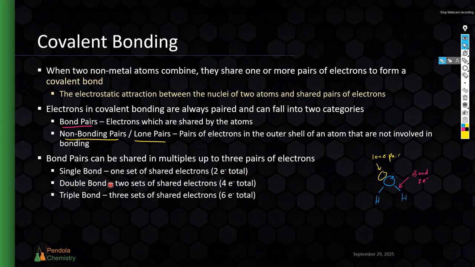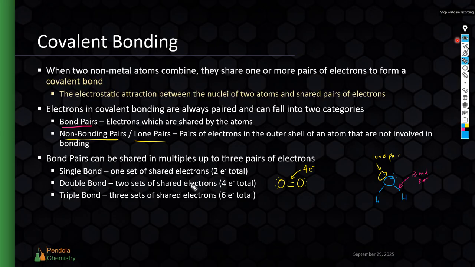We can have a double bond that we learned about last year, where two sets, and that's where the double comes from, two sets of shared electrons are present, meaning 4 electrons in total. And that will happen in something like oxygen, where we have oxygen double bonded to another oxygen. And this double bond represents 4 electrons, or 2 pairs.